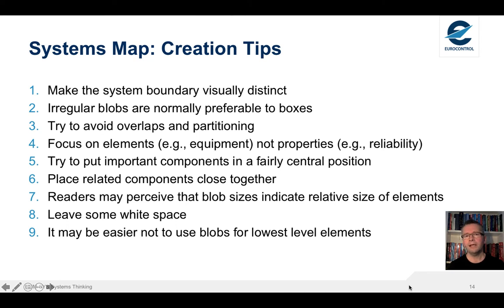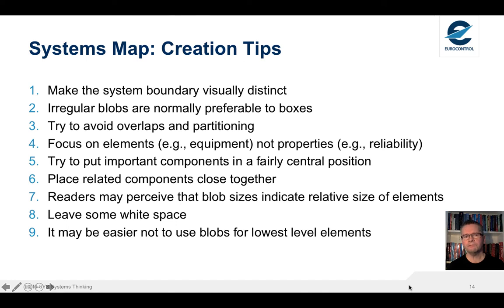Focus on elements such as equipment and not properties of elements such as reliability. Try to put important components in a fairly central position, because that will tend to indicate some kind of importance to people, and try to put related components close together.